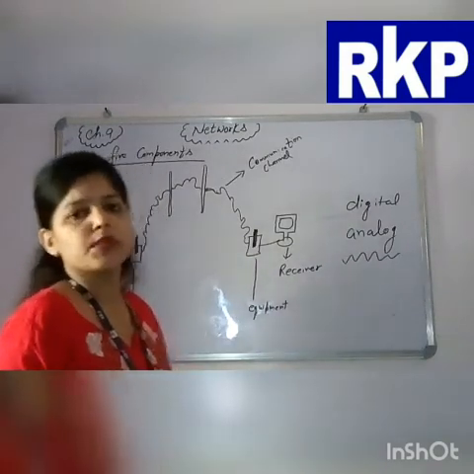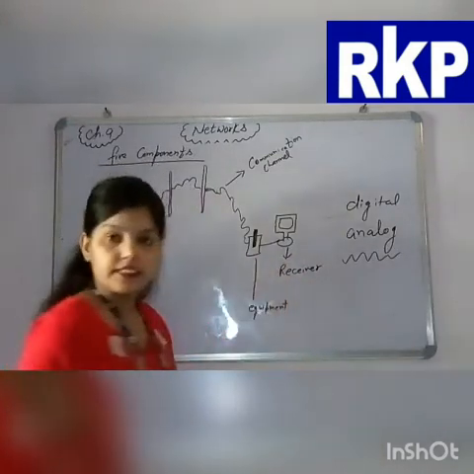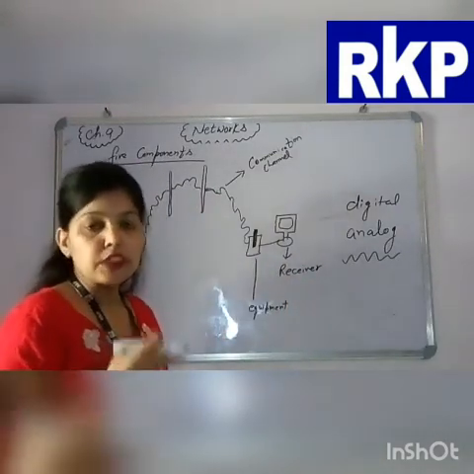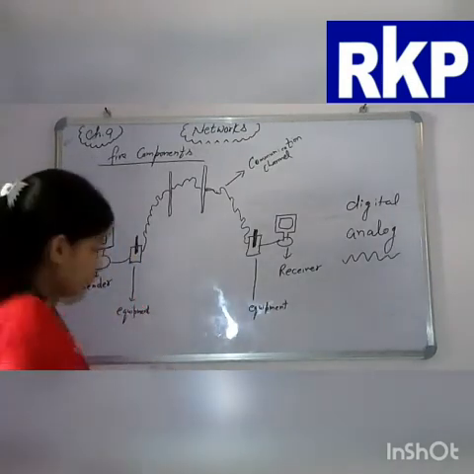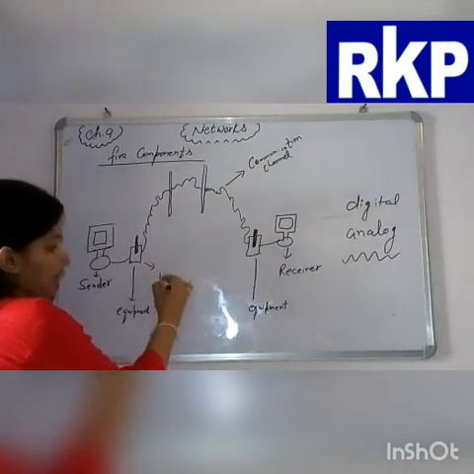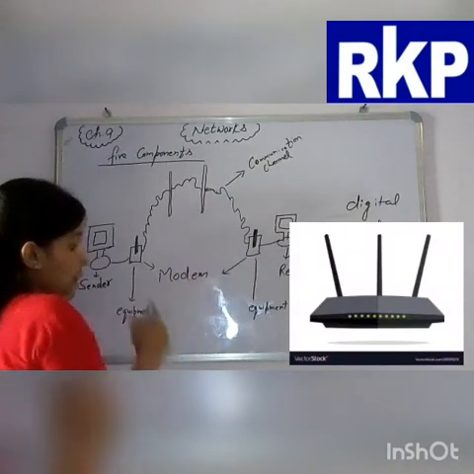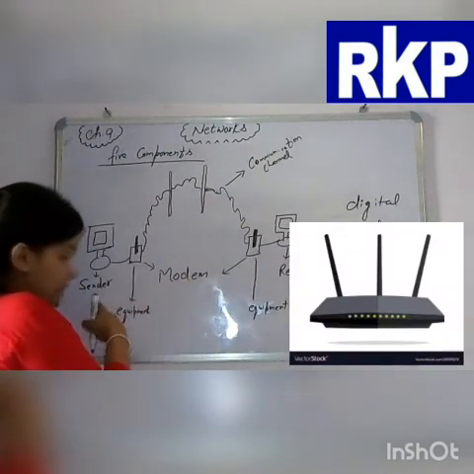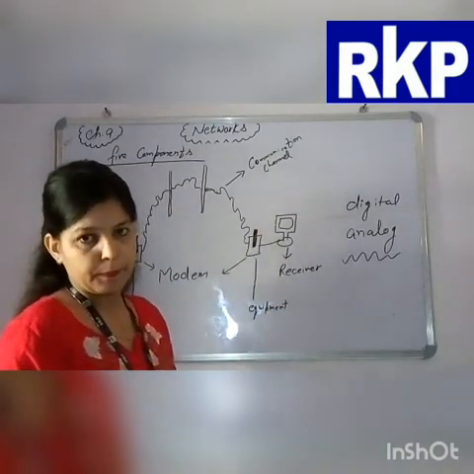So how is it possible to transfer data from one computer to another computer? For this we need a special piece of equipment, that is called a modem. We need the modem for the sender computer as well as for the receiver computer.